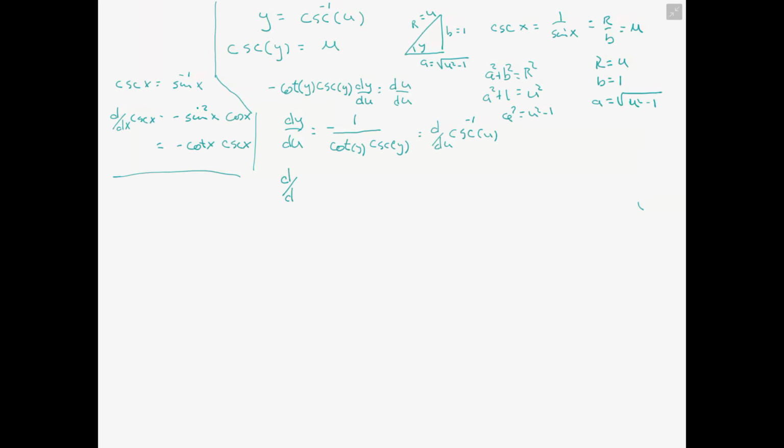And now we go back to our right triangle, fill it in. Let's swap sides.